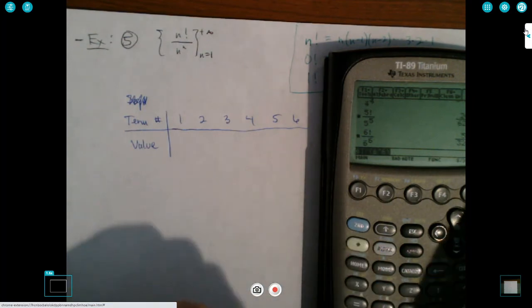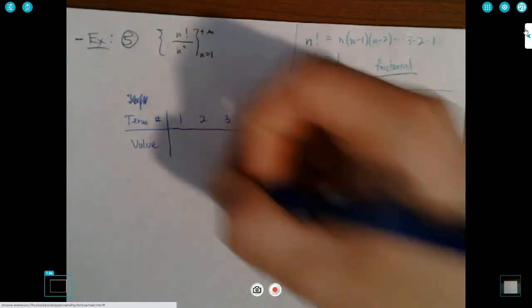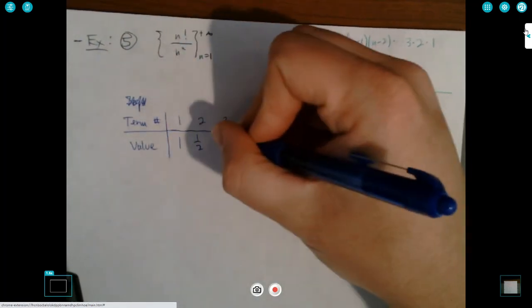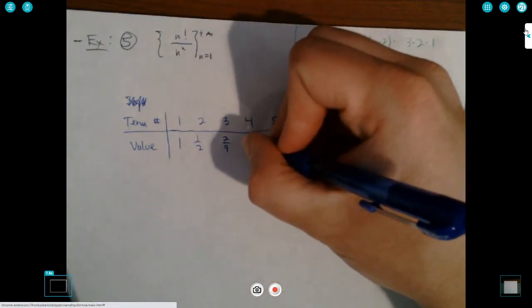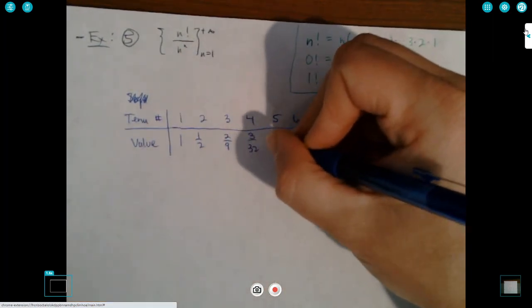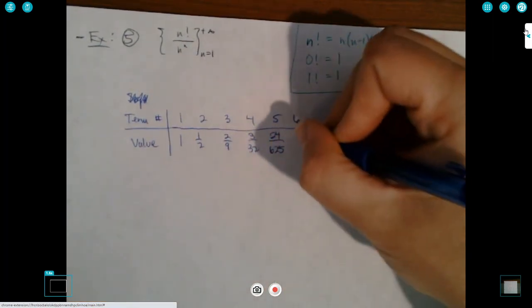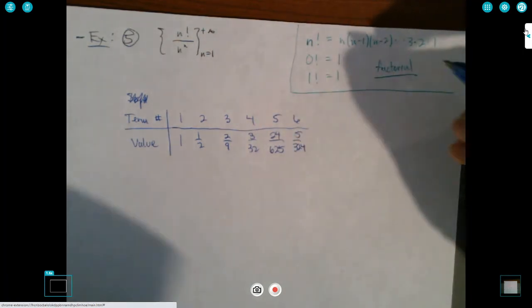In fact, I should go back and turn these into decimals. But it starts off 1, 1/2, 2/9, 3/32, 24/625, 5/324. Okay, and it's going to continue on.